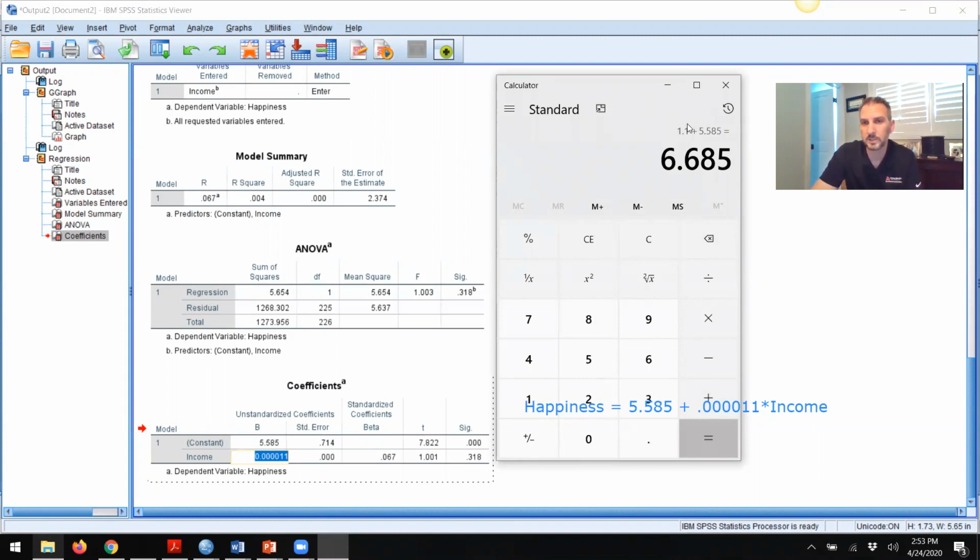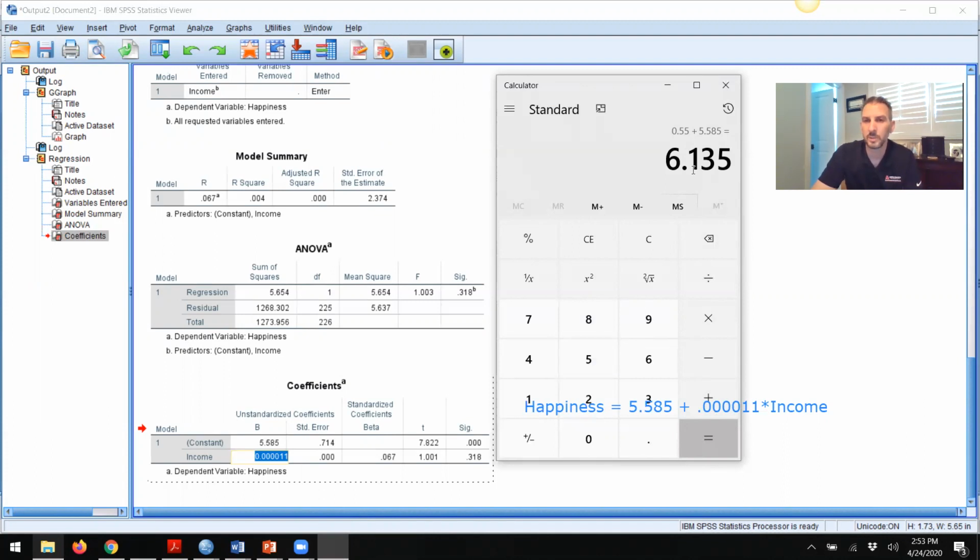Now, if it was 50,000, let me show you how this might work: 50,000 times 0.000011, plus 5.585. So my happiness would be predicted to be 6.135 if I'm making 50,000.